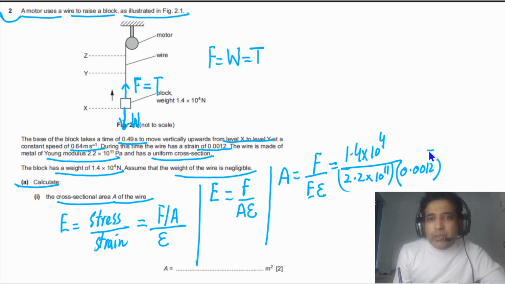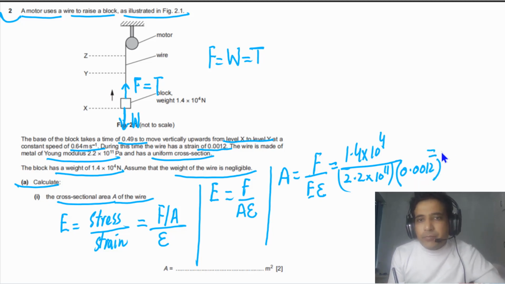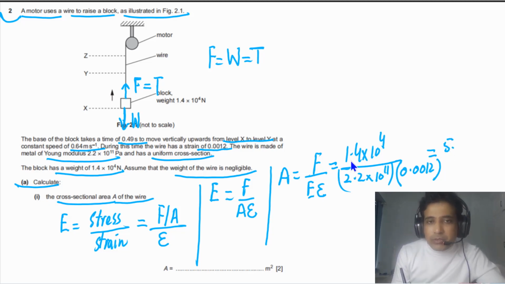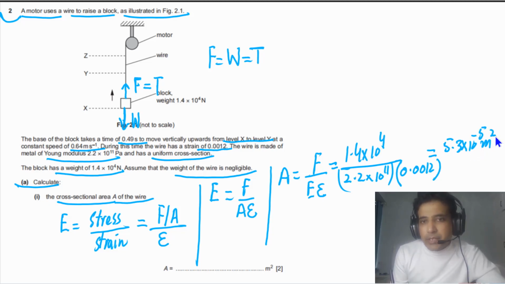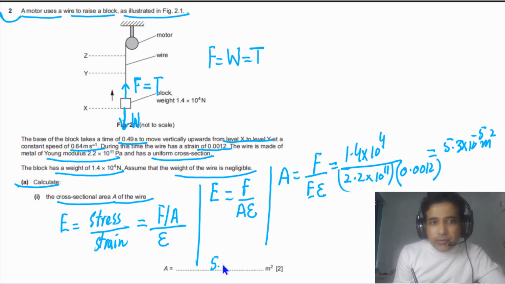Now, if we simply solve this one, our final answer has to be up to 2 SF, because the least number of SF in given data is 2 SF. So our final answer is 5.3 times 10 to minus 5 meter square, because SI base unit of area is meter square.